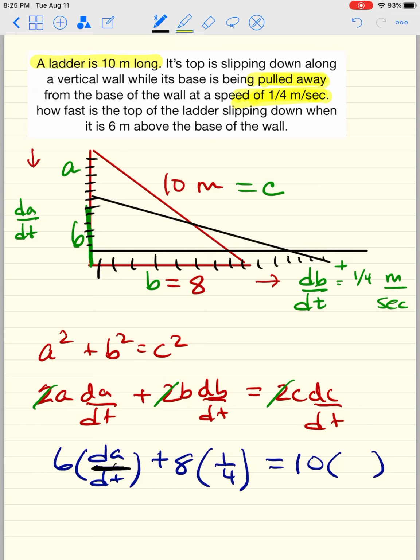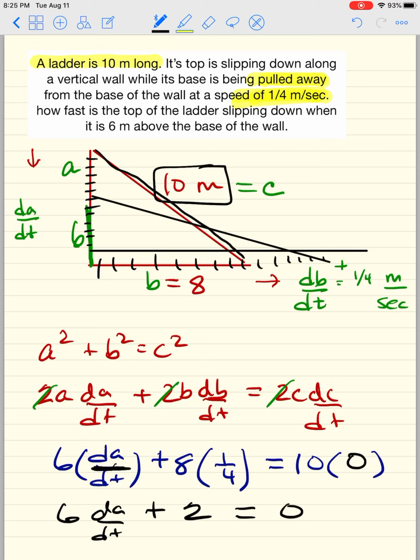So that's changing. But this ladder itself will never change in size, and therefore it's 0. I hope that makes sense. So 6 dA/dt plus 8 times a fourth, which is 2, equals 0. Subtract 2, divide by 6, and you get negative 1/3.